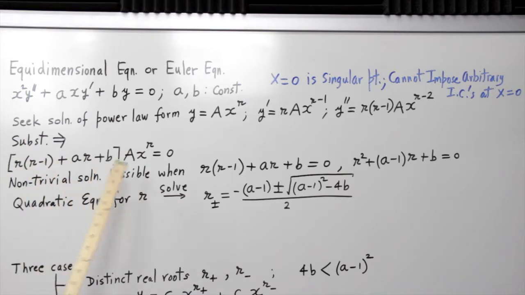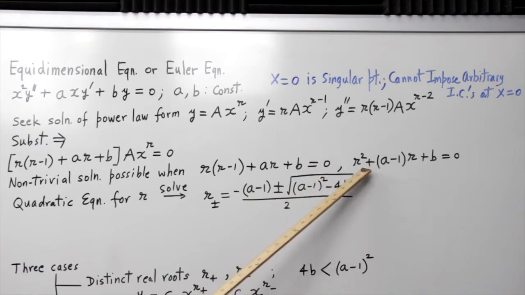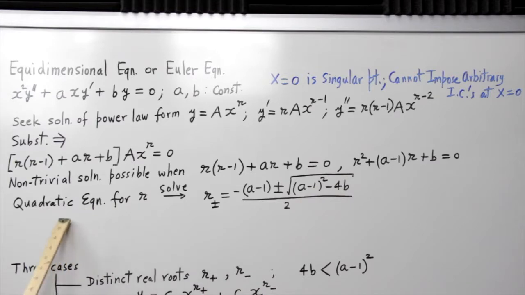If we want to solve this equation and we want a non-trivial solution, meaning that we don't want capital A to vanish, then the quantity in the square brackets must vanish. That's this expression: r times r minus 1 plus ar plus b is equal to 0. We can rearrange that equation and see that this is a simple quadratic equation for r.